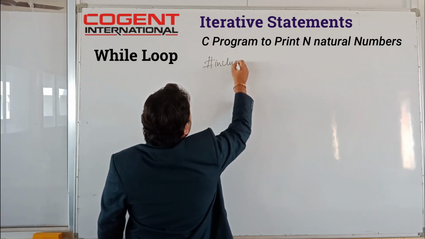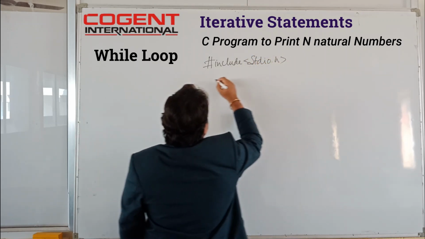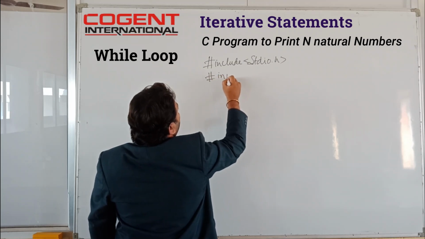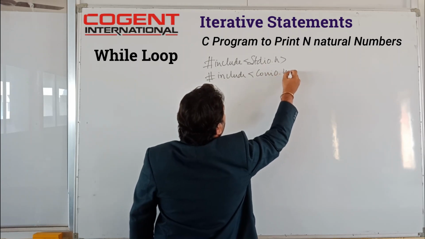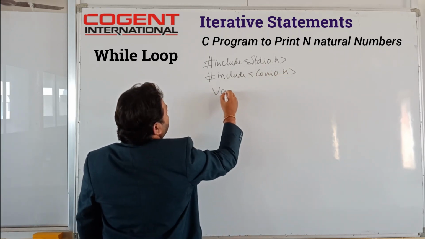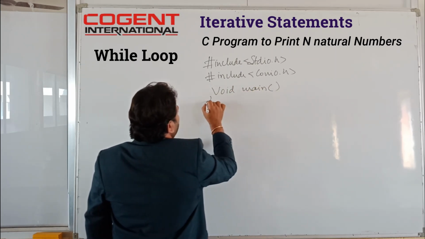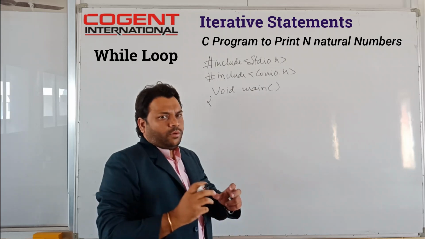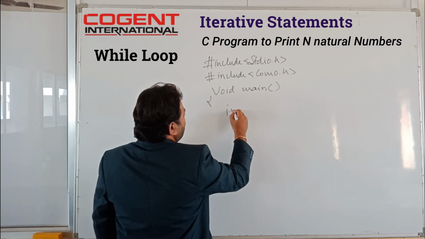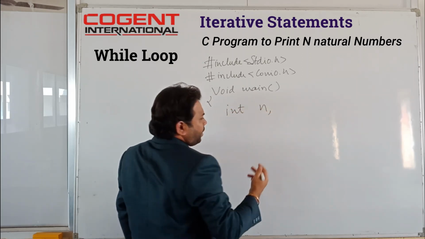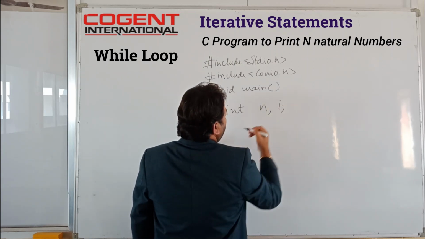the header, #include <stdio.h>, then #include <conio.h>, then the main function, void main. Here I am going to print the n natural numbers, so I require the variables: n, as how many numbers I am going to print, then the counter I'll take.